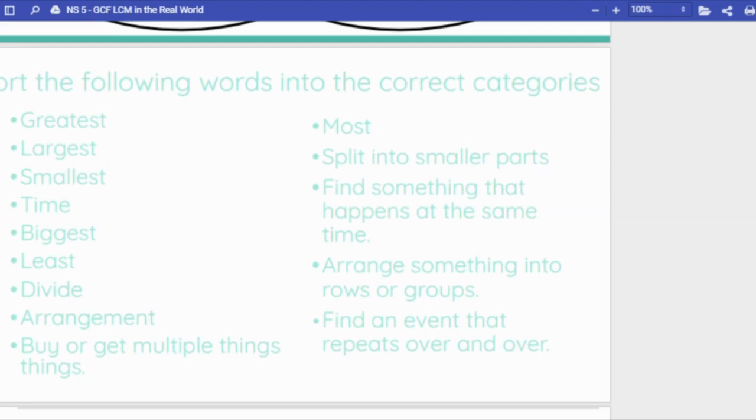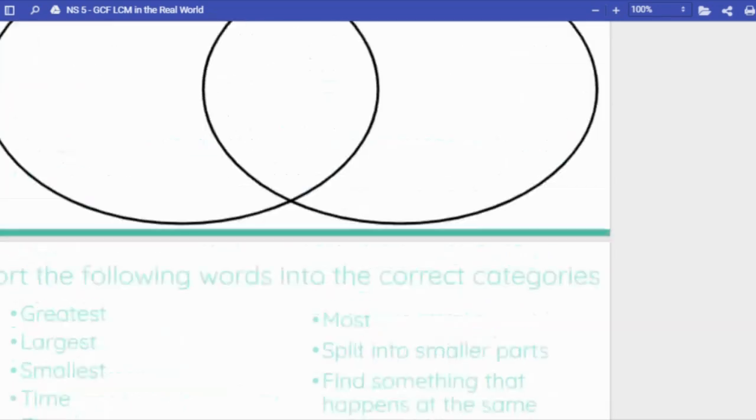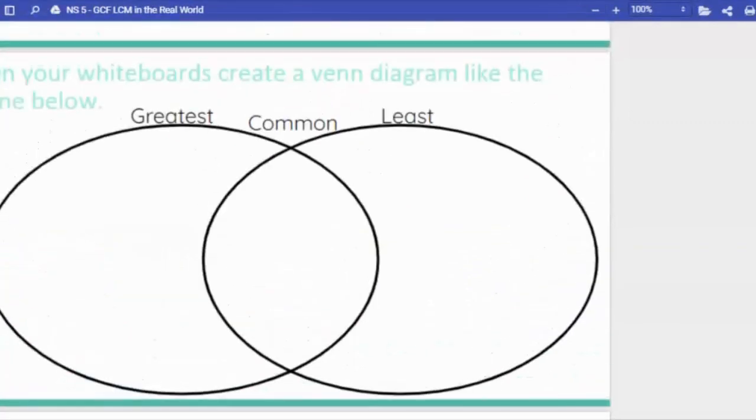So let's get started. The first one says greatest. Well, obviously, greatest is going to have to go in the category that says greatest. So we are going to write greatest in that category.